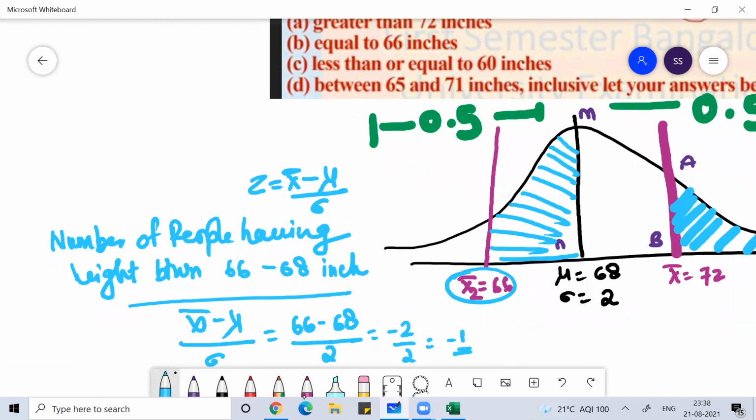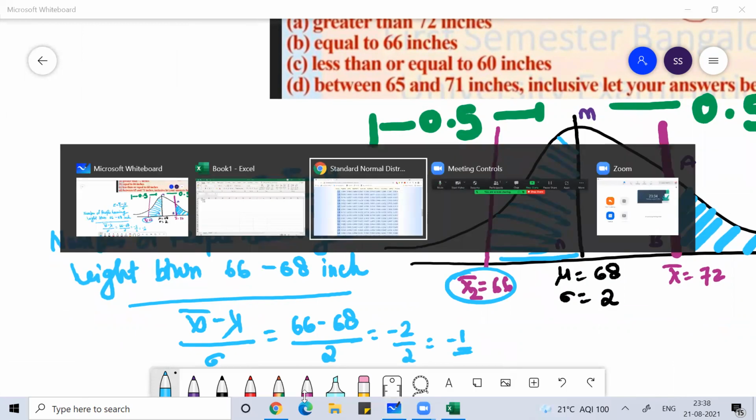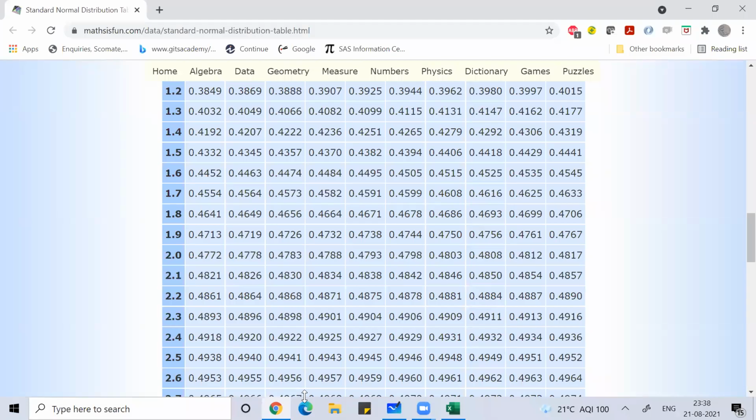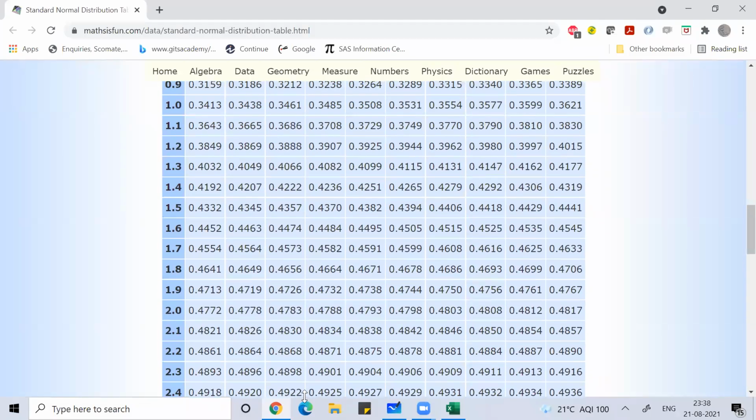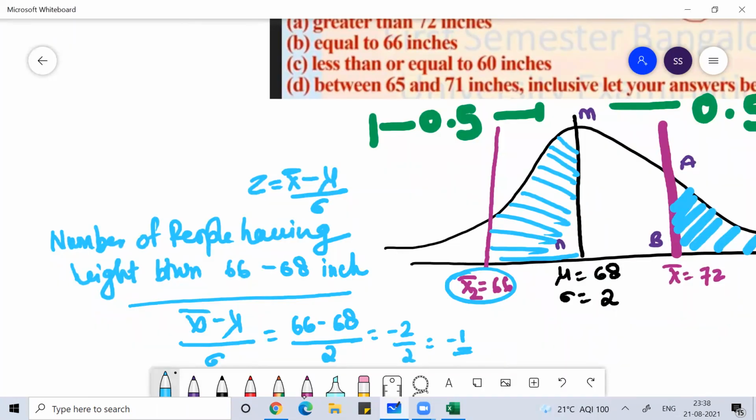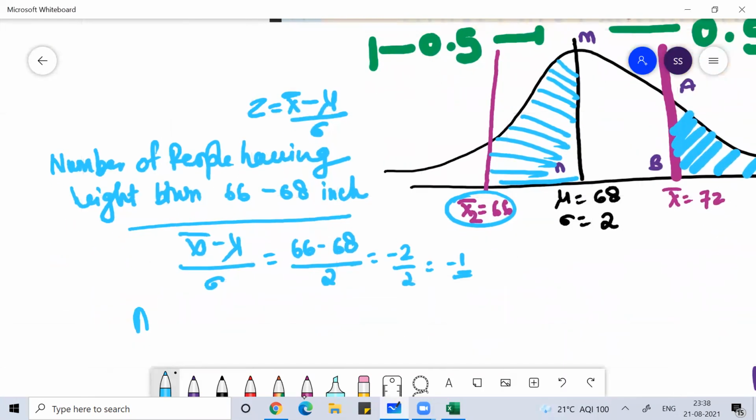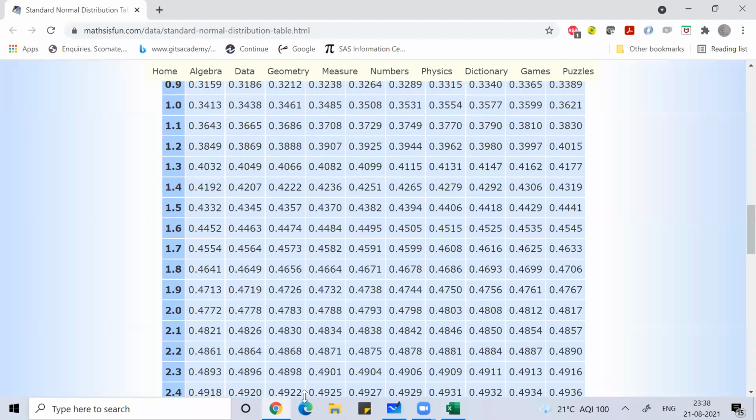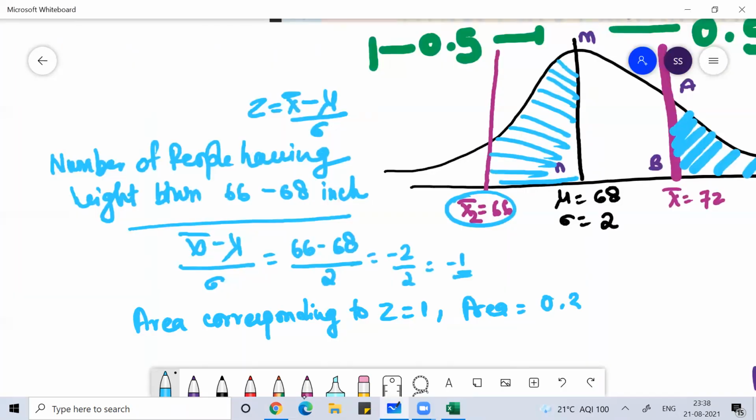So the value 1 corresponds to what? You can see the area corresponding to z value equal to 1 is 0.3413.